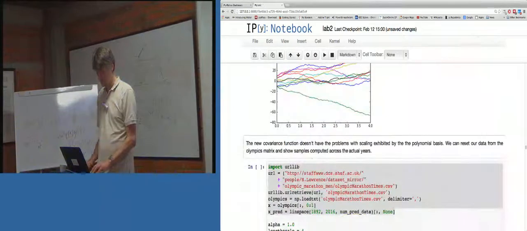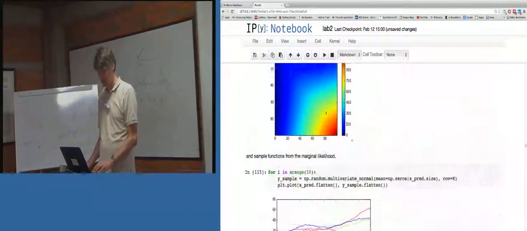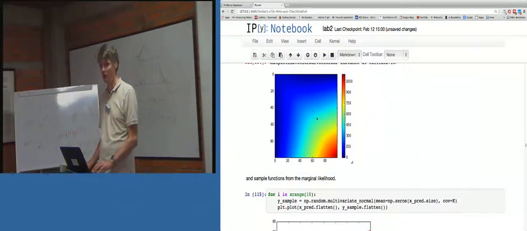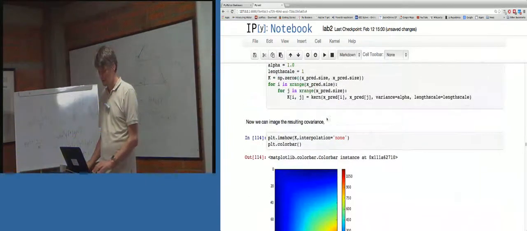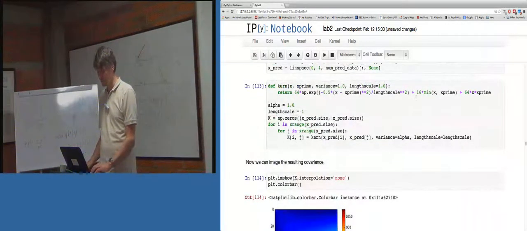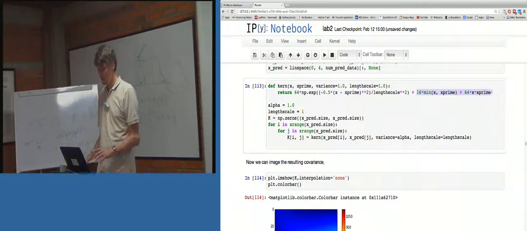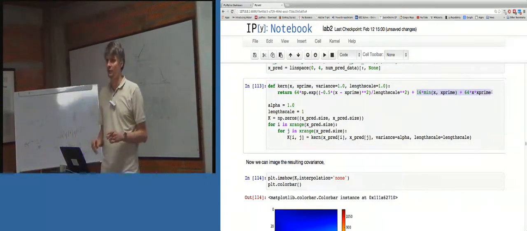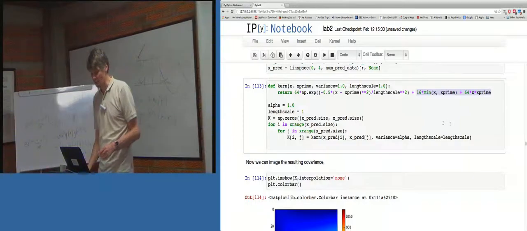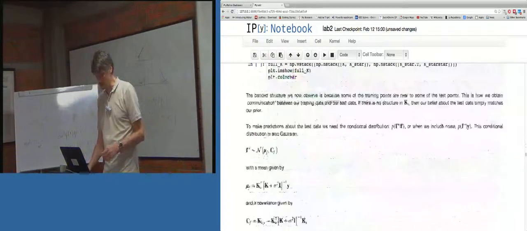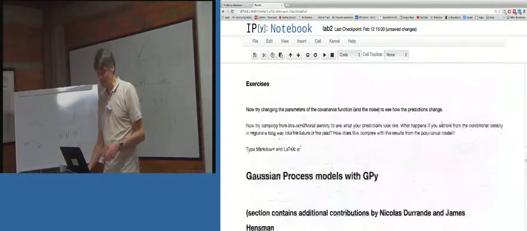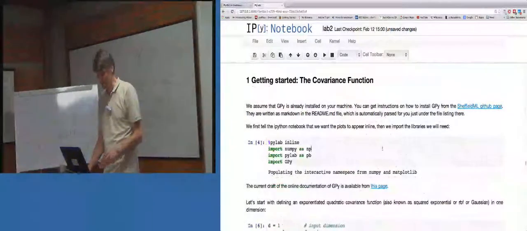And of course, when you look, differentiated quadratic. Okay, so I mean that's, remember the form of all these covariances.